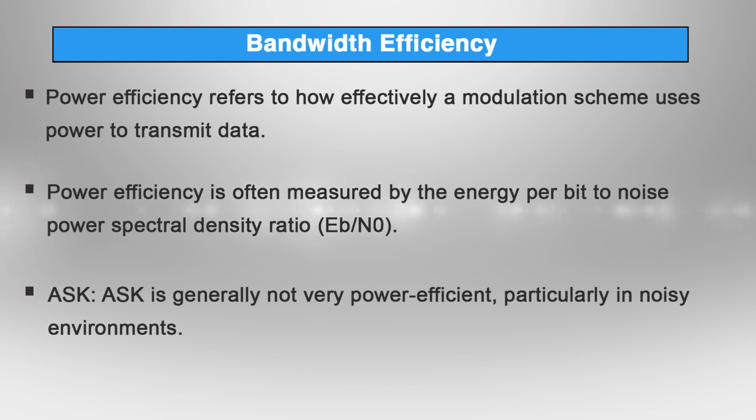Now, come to the second point, that is power efficiency. Power efficiency is crucial for battery operated devices and systems where power consumption needs to be minimized. ASK can be power efficient, especially when the carrier signal is turned off during the transmission of binary 0.